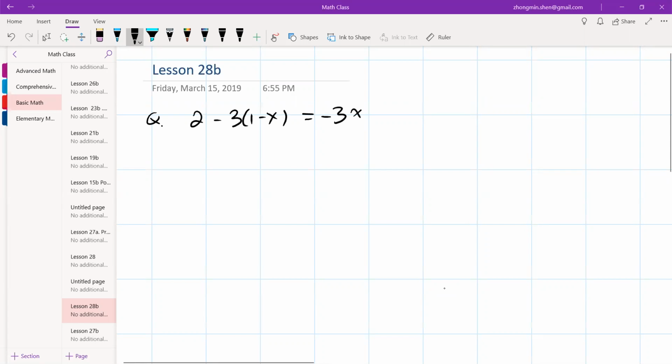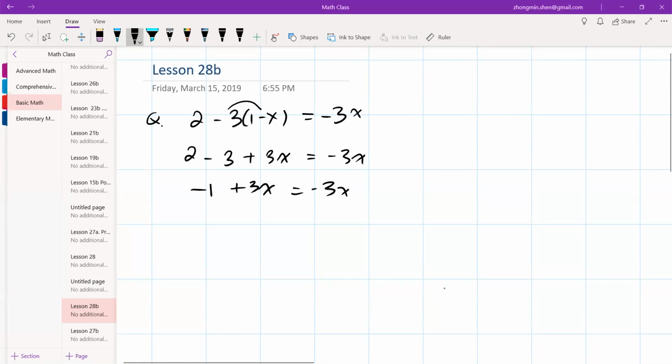So you have to go step by step and remove the parentheses first. Okay, remove the parentheses first. You get 2 minus 3, you multiply this out, it'll be 3x. Simplify the left hand side first: -1 plus 3x.